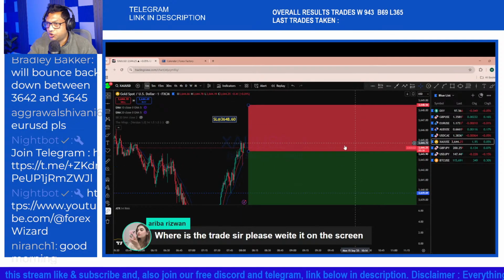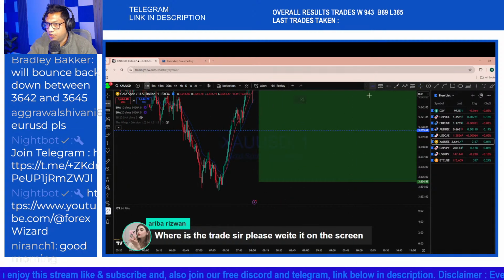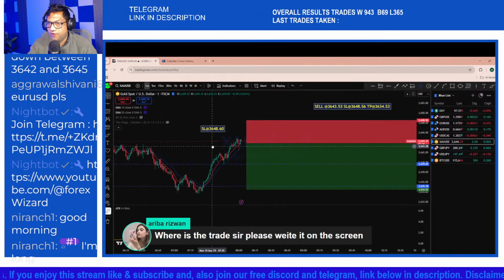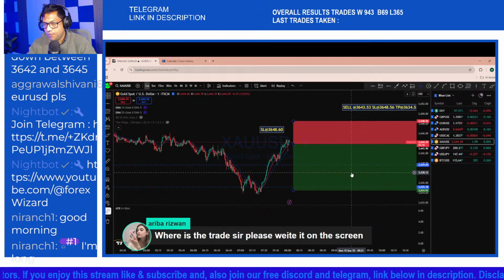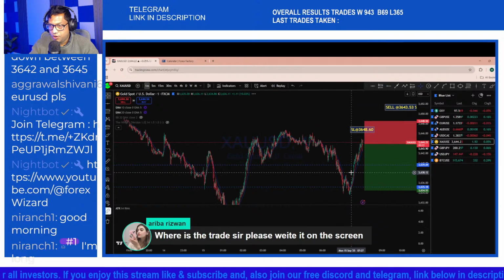So if this market structure breaks, then what I'm looking to see is the market coming back here to this order block at 3635 level, as this is pretty sharply now on a pullback.